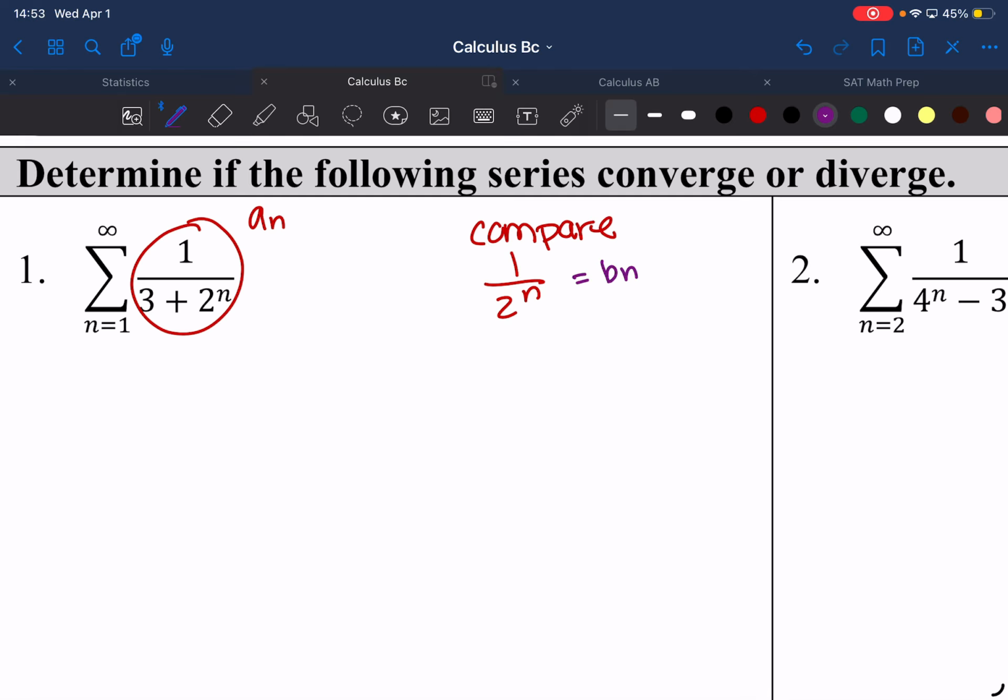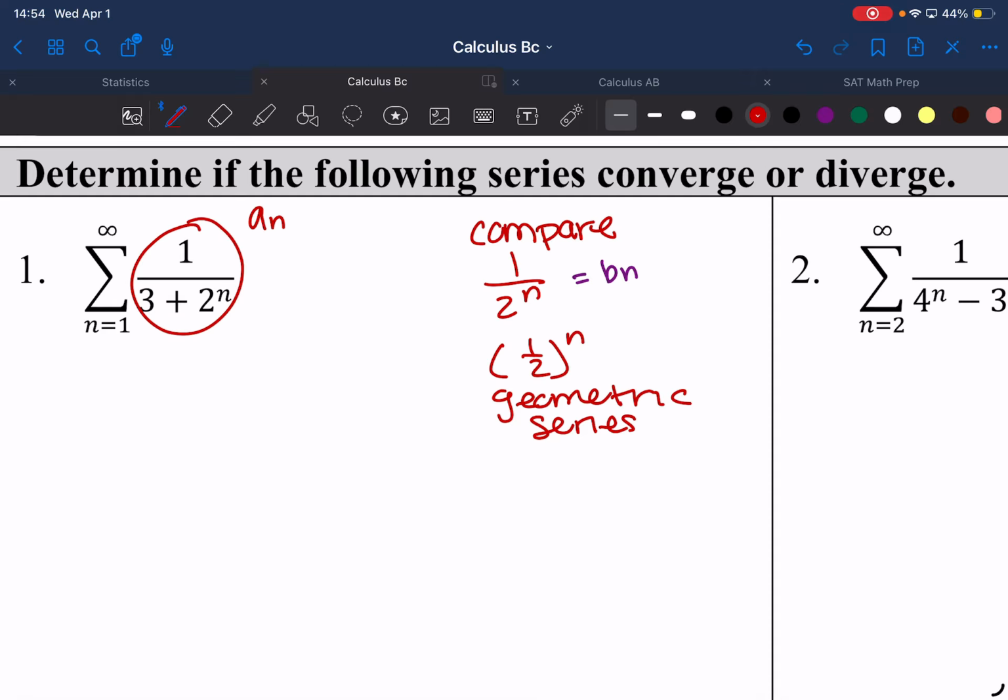So if we look at what we're trying to compare it to, notice that another way to write 1 over 2 to the n power is 1/2 to the n power, which looks like what type of series? Geometric. Remember, for a geometric series we look at the common ratio, r, and see if it is less than or greater than or equal to 1.